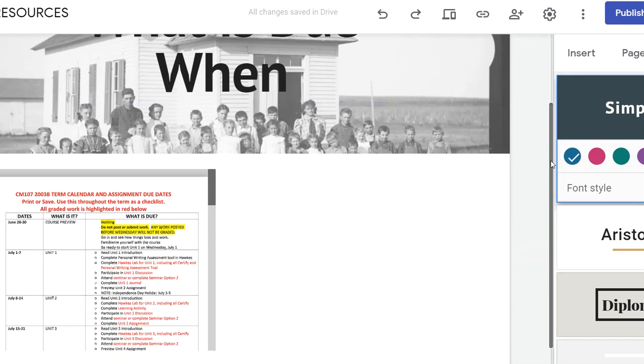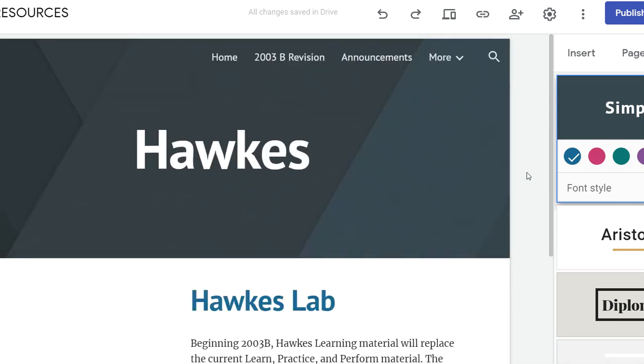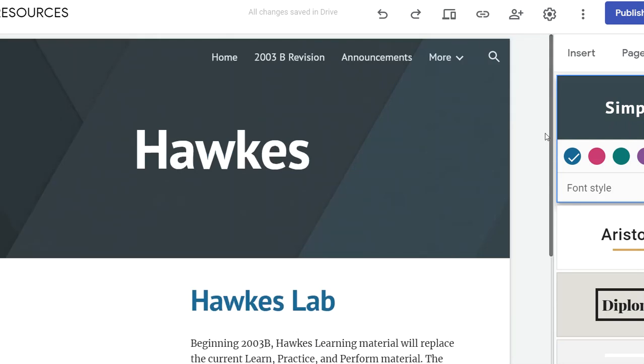It's not created, I don't think, but yeah, there it is. But there's some information on the point system and why, for example, but we'll have a nice little clean new 107 resource page.